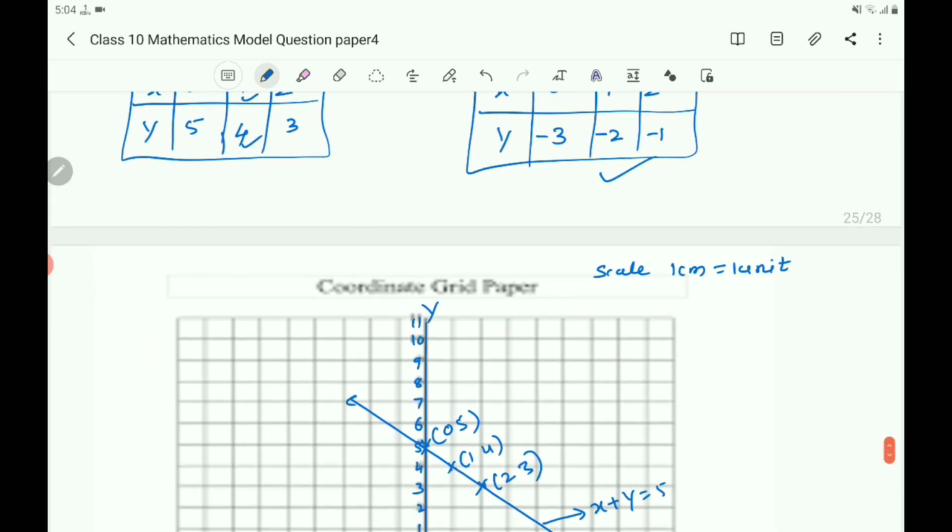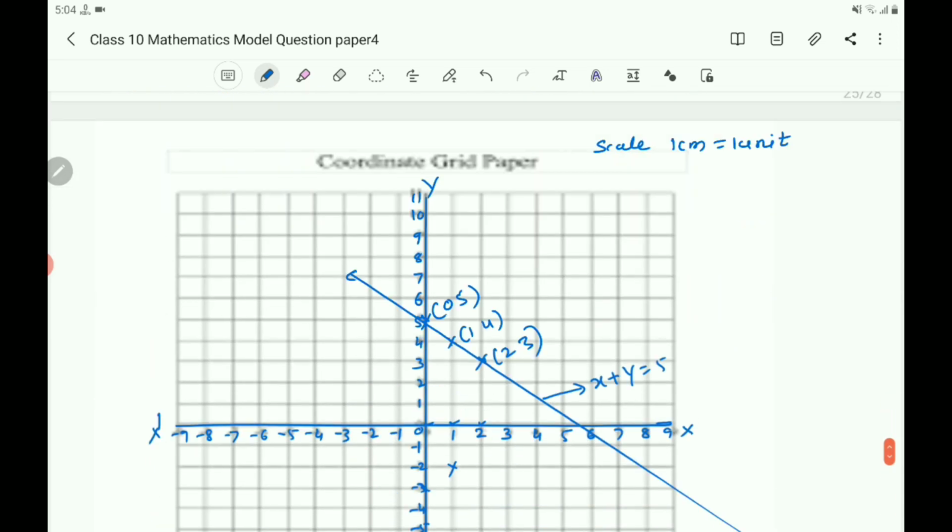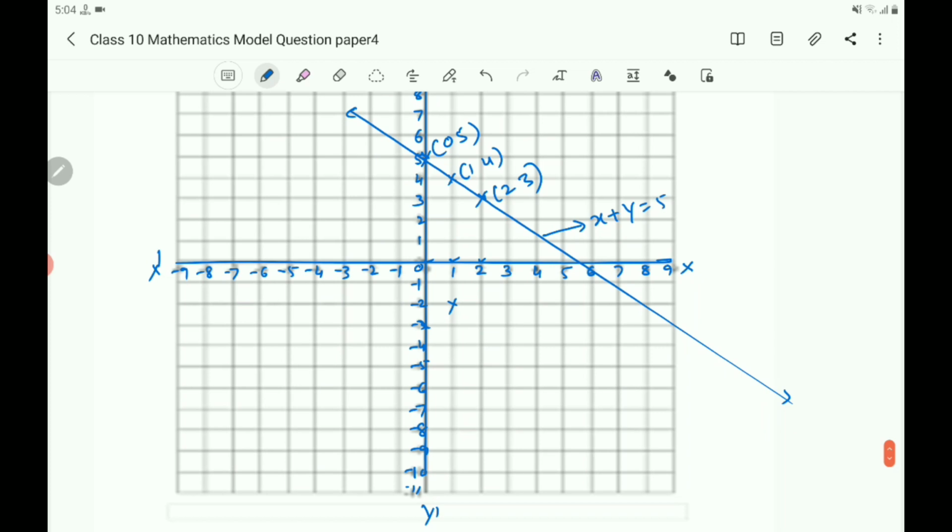And next one is 2, minus 1. 2, minus 1 comes here. Now you join all these. This is 0, minus 3. This is 1, minus 2. This is what? 2, minus 1.